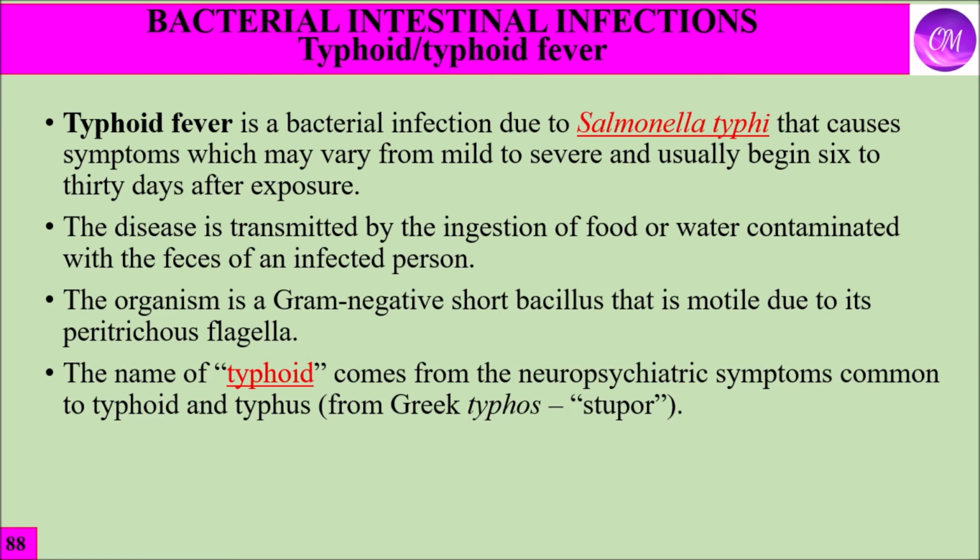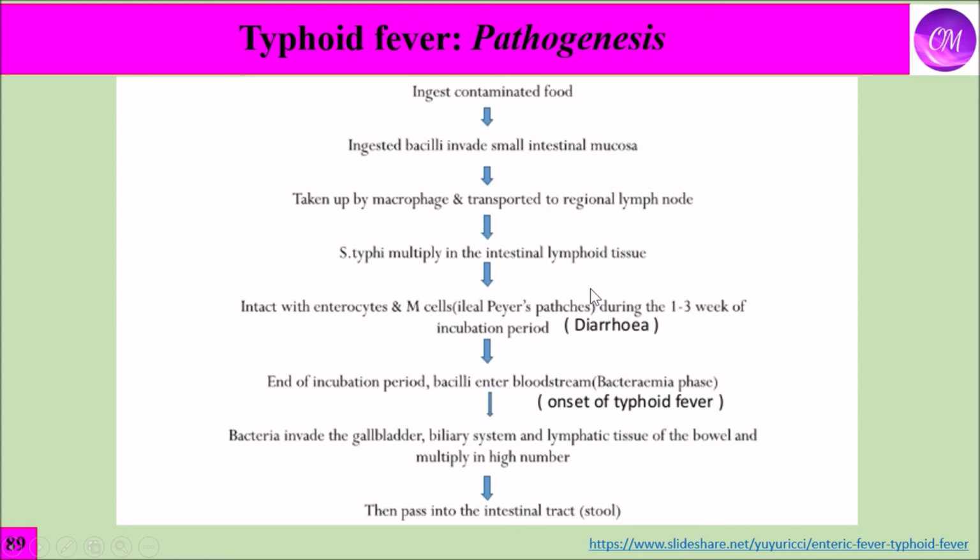The organism is a gram-negative, short bacillus that is motile due to its peritrichous flagella. The name typhoid comes from the neuropsychiatric symptoms common to typhoid and typhus. From Greek, it means stupor. The pathogenesis of typhoid fever: first, ingestion of contaminated food.